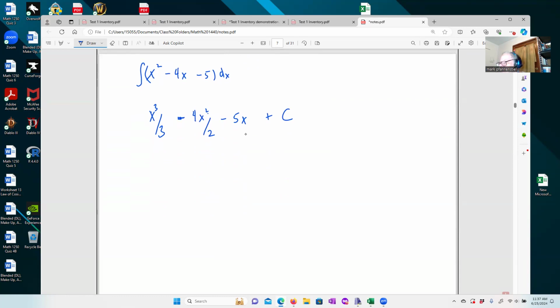That's perfectly fine. If you want to turn it into something like this, that's perfectly fine too. The only reason I do that is 4 over 2 is 2. Minus 5x plus c. We have it in 3, 2, 1 descending form. So that would be our answer for something like this. How does that feel?